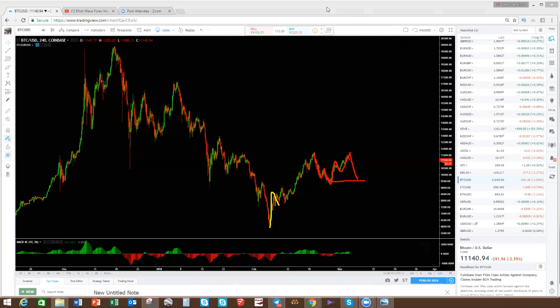Right. So erase this. So this will be 1, 2, clear, like that. 3, 4. So which means we're getting this one as a wave 4. We're going to get another move as a 5. That's how we're looking at this one.